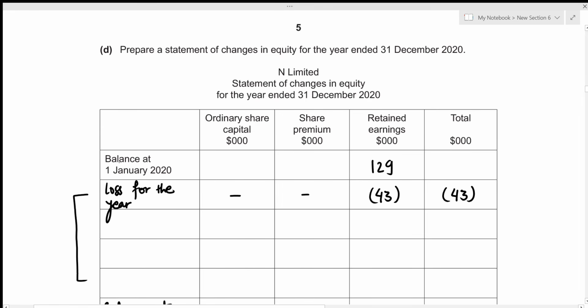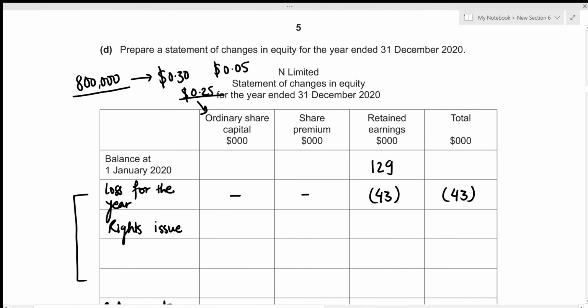Let's write that down. So we figured out the number of shares issued as right shares to be 800,000. But these were issued at the value of 0.30, whereas the ordinary share capital has the nominal rate of 0.25. So only the value of 0.25 out of these 800,000 shares should be included in the ordinary share, and the remaining 0.05 should be included in the share premium section. Let's first calculate that.